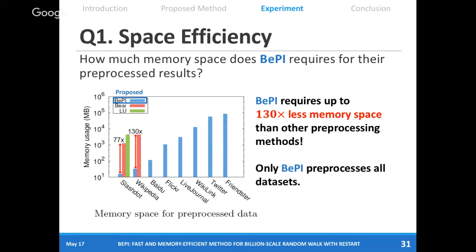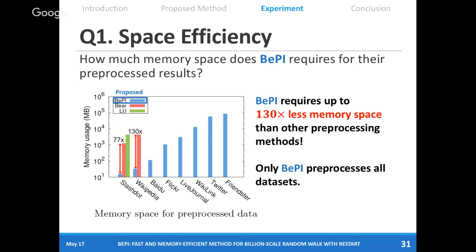Okay, let's check the space efficiency. In this figure, the y-axis indicates the memory usage for preprocessed data, the x-axis indicates the dataset, and the blue bar is for our method BEPI. We compare our method BEPI with other preprocessing methods.